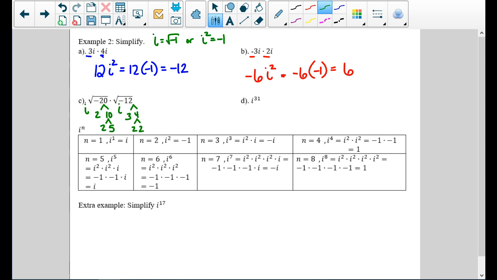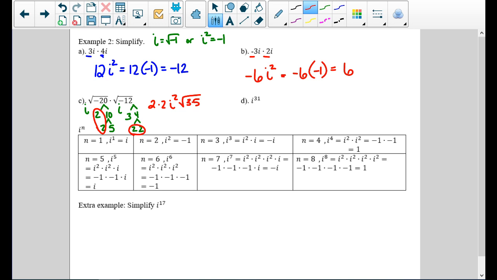So again, what are my pairs? I have a pair of 2's here. I have another pair of 2's. So this pair of 2's makes a 2. The second pair makes a 2. i and i is i squared. What's left? A 5 and a 3. Those go back under my root, 5 and 3.